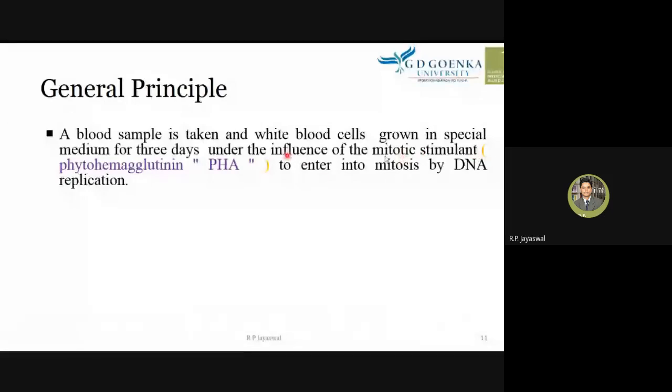This is phytohemagglutinin, a mitotic stimulant which increases the mitosis process, so that the replication of the DNA can be enhanced. This is one of the chemicals kept in the growth medium.